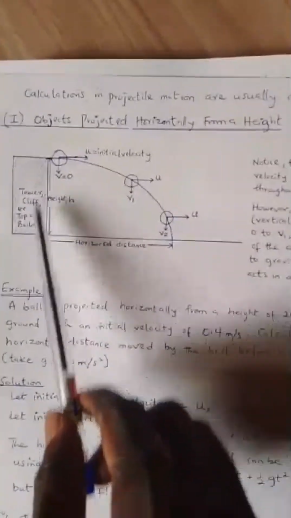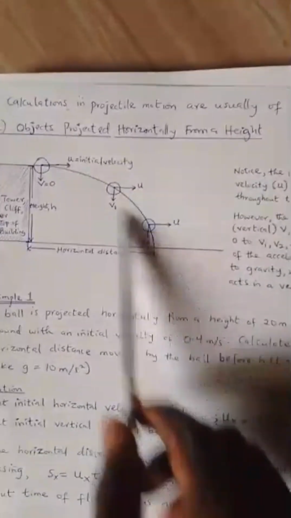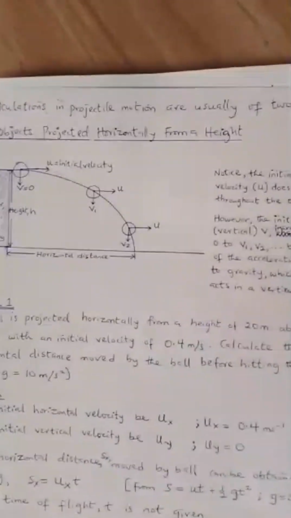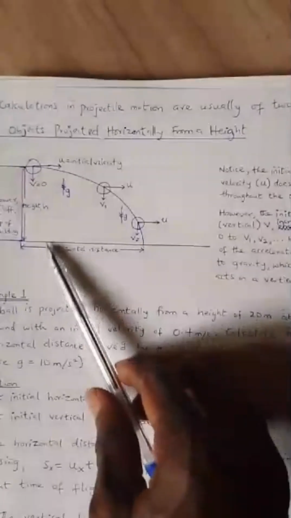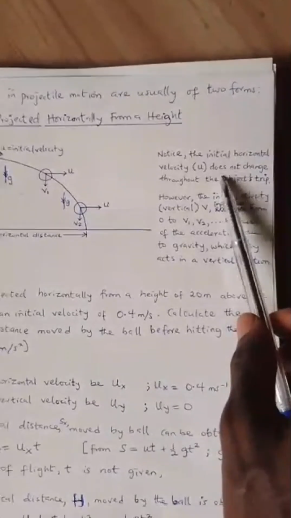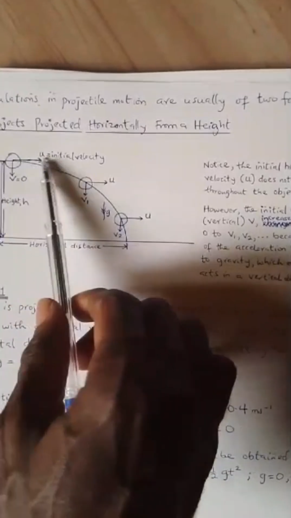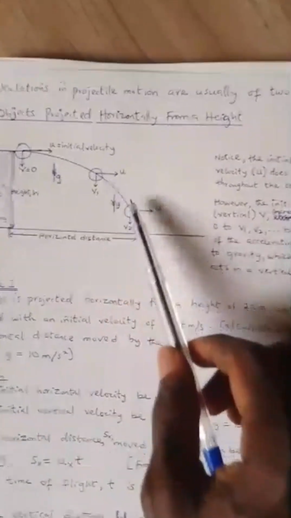So we're given the maximum height and the horizontal distance. It's like a quadrant, half of a semicircle. So there are some facts we need to note down. We notice the initial horizontal velocity u does not change throughout the object's trip. So it remains u, it doesn't change.